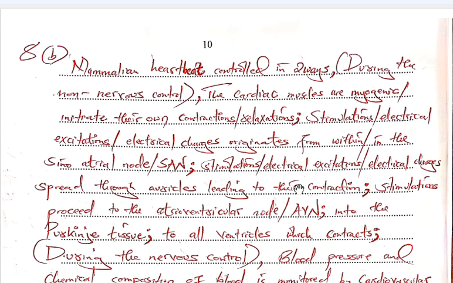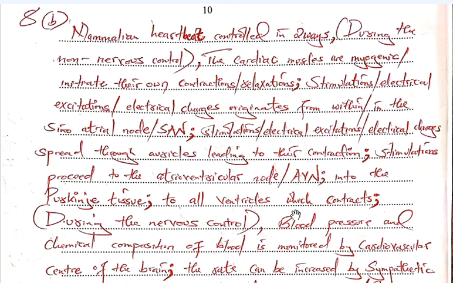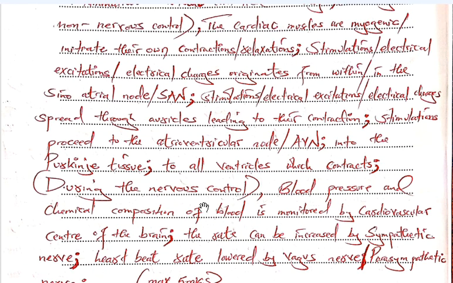That means they initiate their own contractions and relaxation, which stimulate electrical excitations, and the electrical changes originate from within the sinoatrial node, which stimulates electrical excitations through the auricles leading to their contraction, and the stimulation proceeds to the atrioventricular node into the Purkinje tissues to all ventricles which contract.